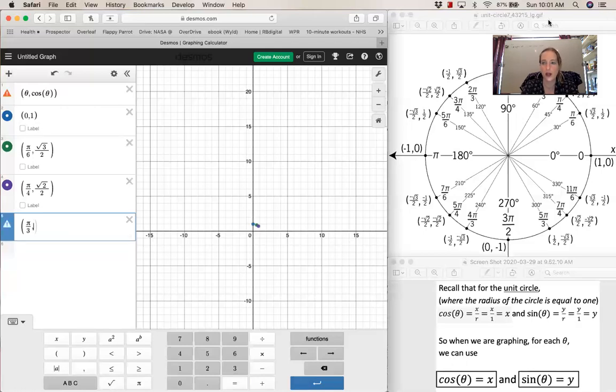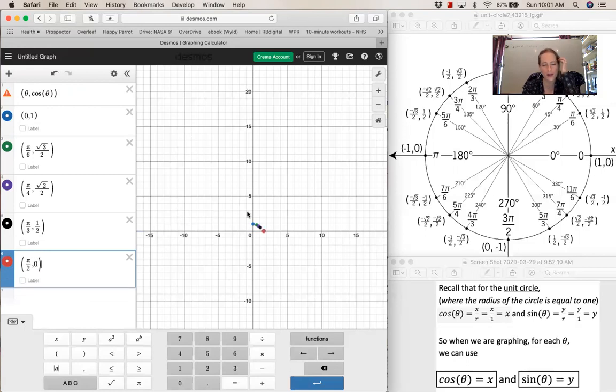At pi over 3, the cosine is equal to 1/2. Then let's finish out this first quadrant at pi over 2. What's the value of cosine? The value of cosine at pi over 2 is 0.